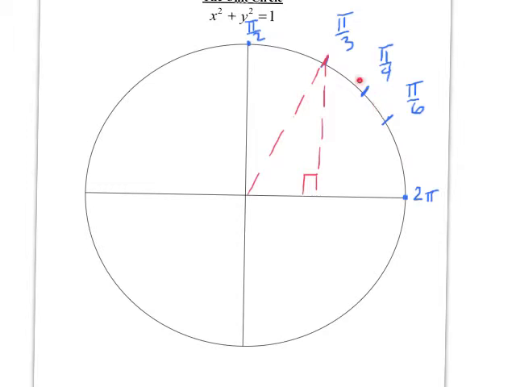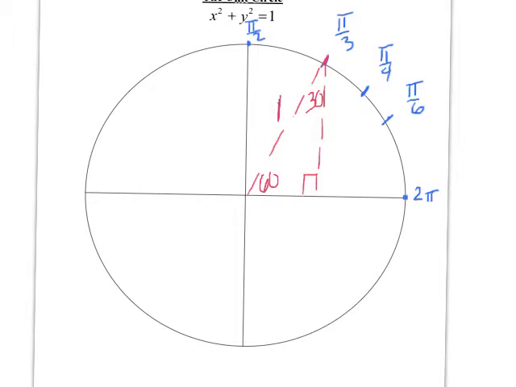From here to here is pi over 3. So that's a third of a pi. From here to here is pi, which is also known as 180 degrees. So a third of the way would be 60 degrees, and this would be 30. So again, we get a 30, 60, 90 triangle. It's just that our 30 and 60 are in different spots.